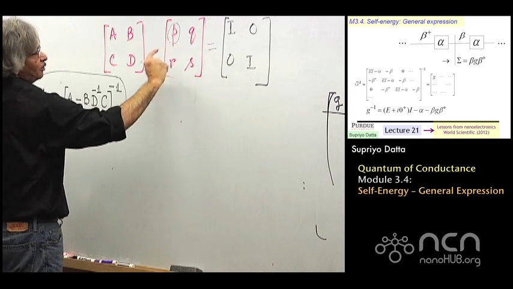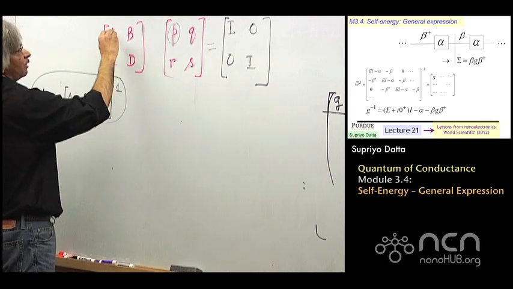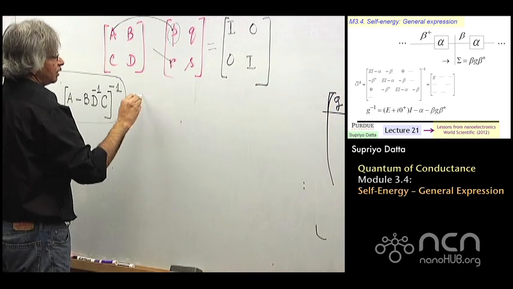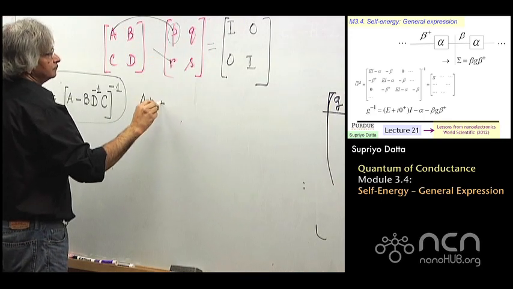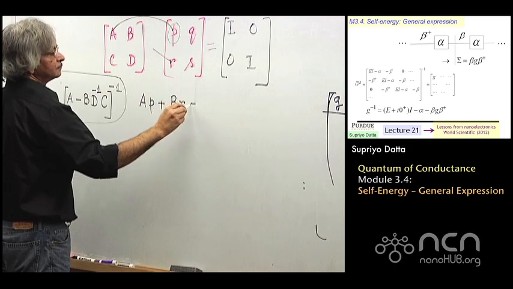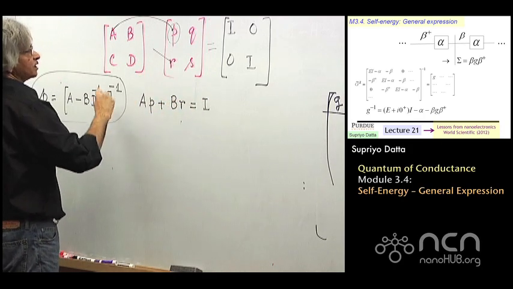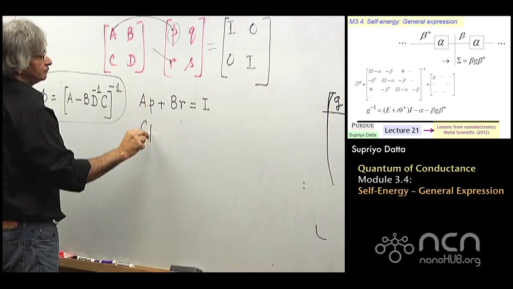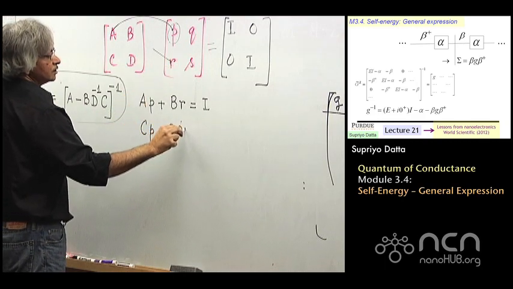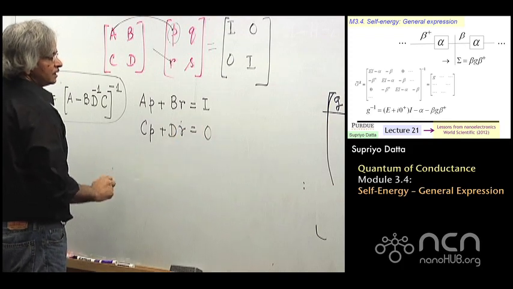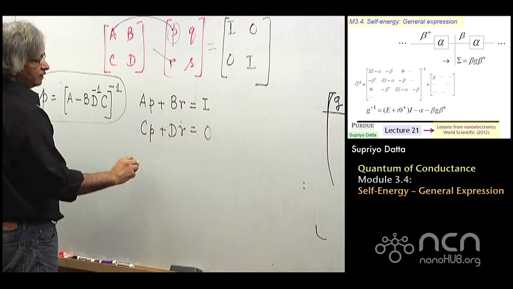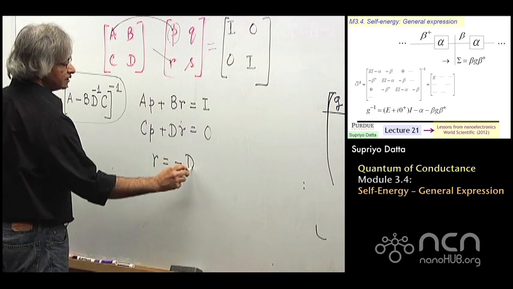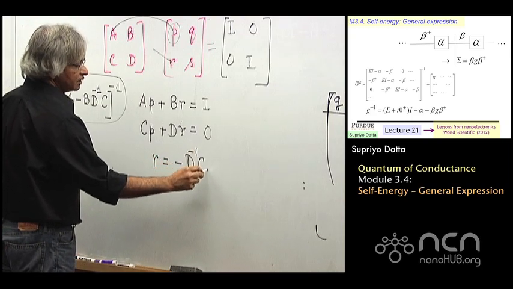Now I can write out two equations. One is A times P plus B times R is equal to I. And the second equation is C times P plus D times R is equal to 0. Now from this second equation, I can write R is equal to minus D inverse C times P.